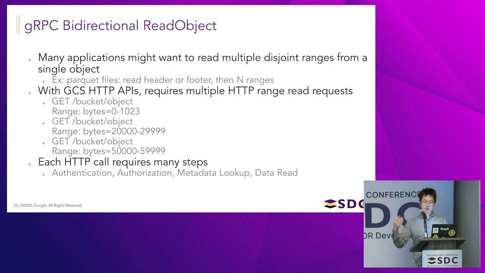We'll have to do multiple authentication and authorization steps. All the things that Jeff was just talking about, where we have these metadata lookups in the loop, further slow down that request. And then finally, from a data read, we will also have to make requests from our API front ends to the underlying storage servers, even if it might end up being the same underlying Google Colossus file.